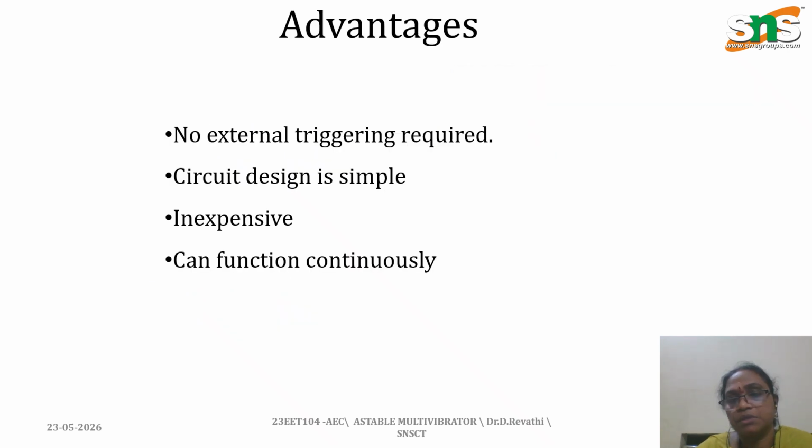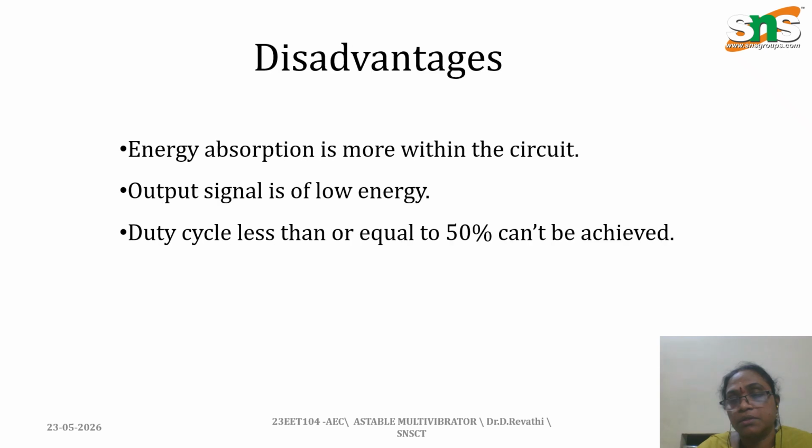The advantages are that an external trigger is not required, the circuit is simple and inexpensive, and it functions continuously. The disadvantages of this astable are that the energy absorption within the circuit is more, the output signal is low, and a duty cycle of less than or equal to 50% can be achieved.